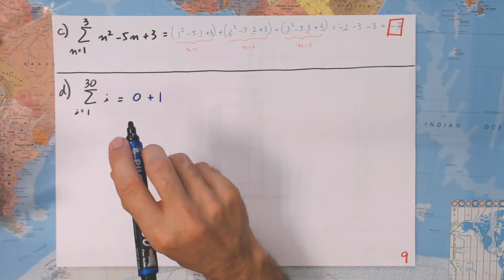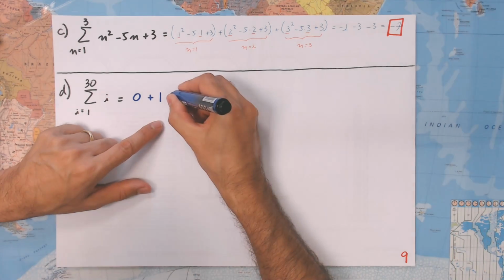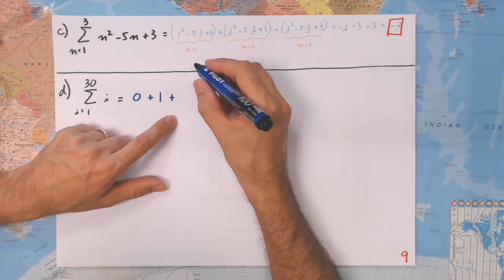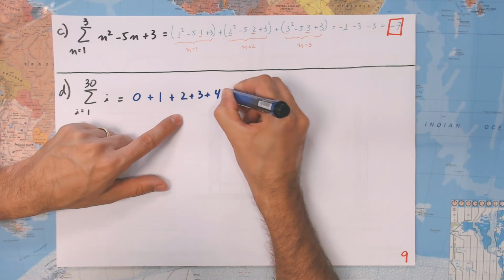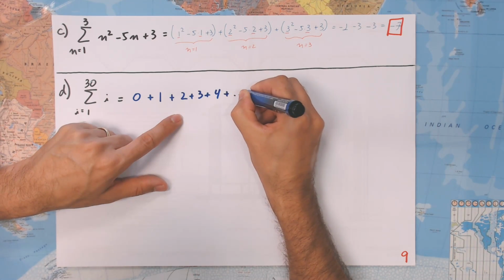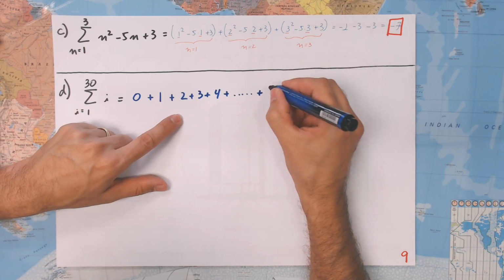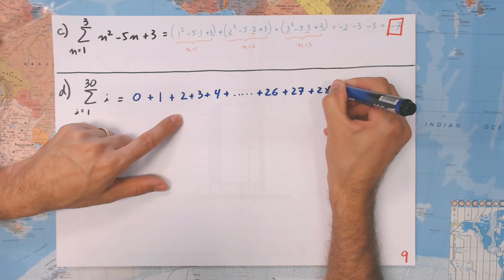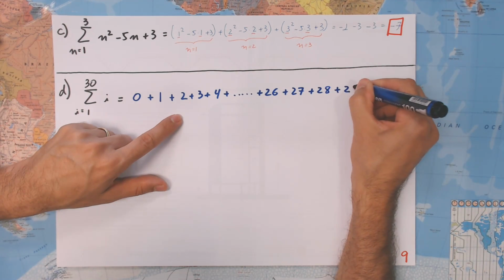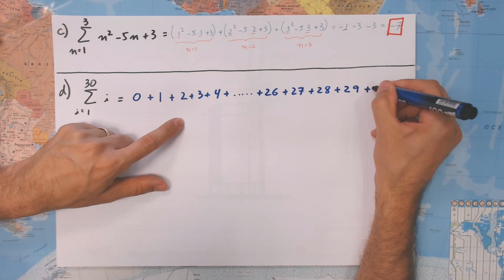I'm just adding the 0 for other purposes, but I would like to leave the 0 there so we can start to think. 1 plus 2 plus 3 plus 4 and it goes on, now plus 26 plus 27 plus 28 plus 29, and the last one, plus 30.